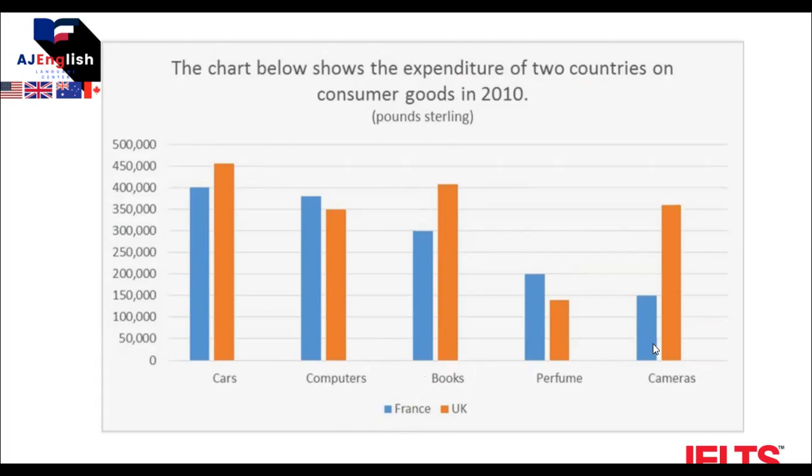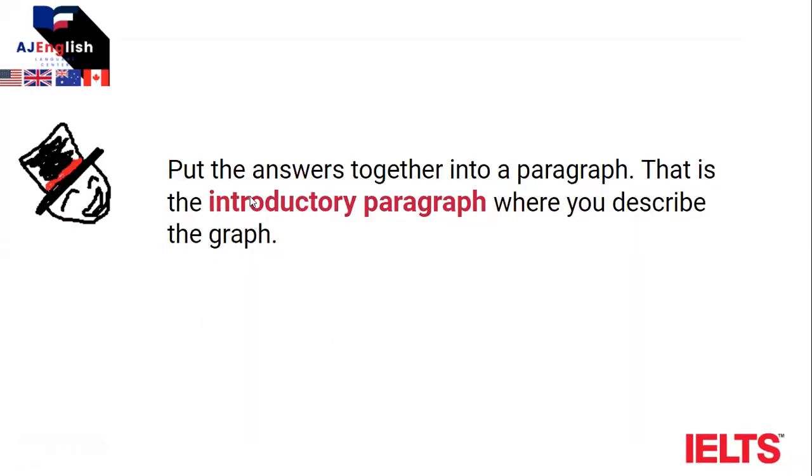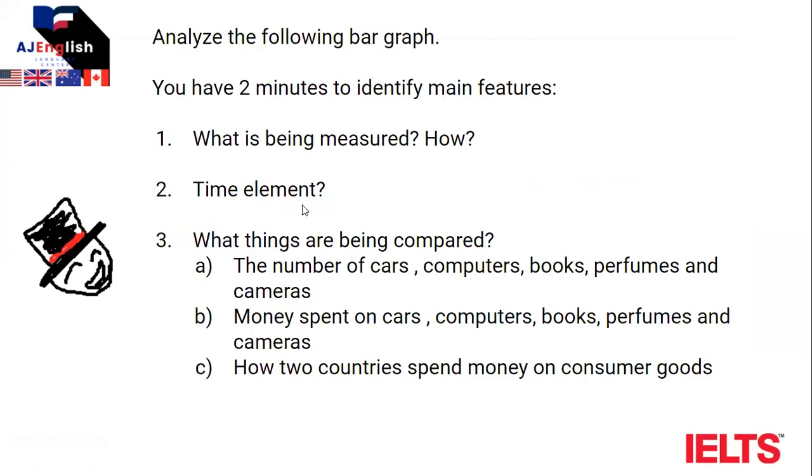It's only 1 year. So as you answer the questions, you put them together into a paragraph. And that is going to be the introductory paragraph where you describe the graph. Very easy, right? Let's go back and take a look. These are the questions as you answer. You can pause the video here if you need to.